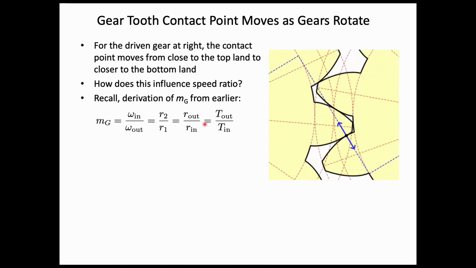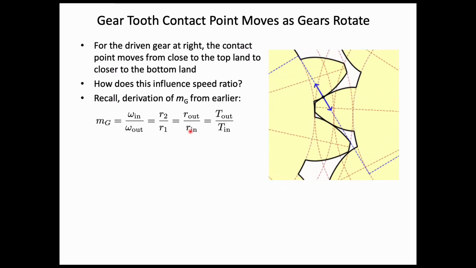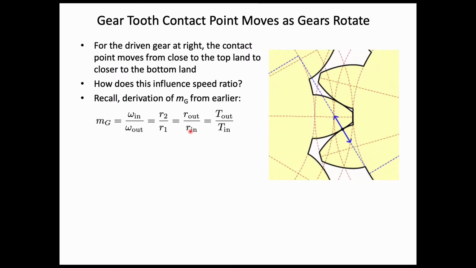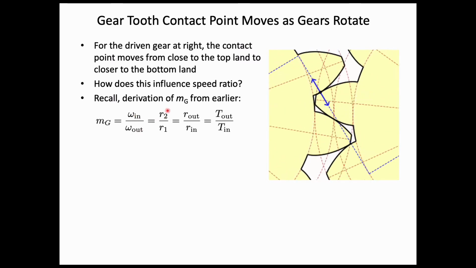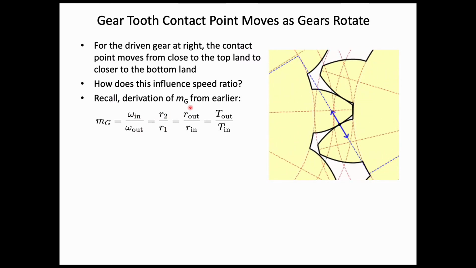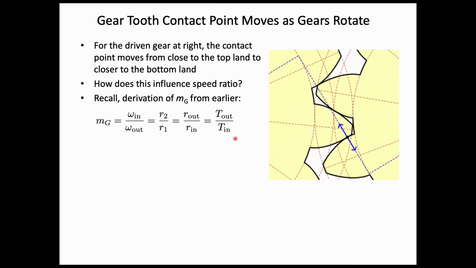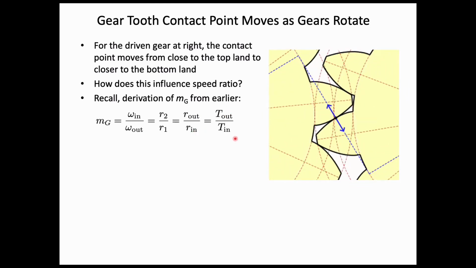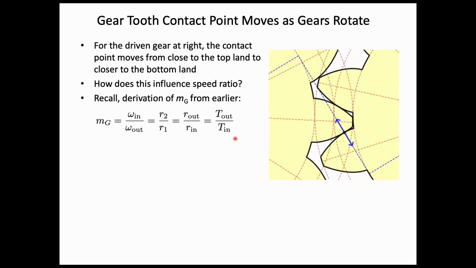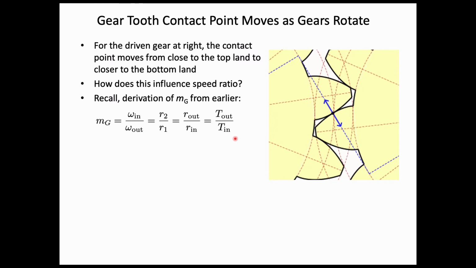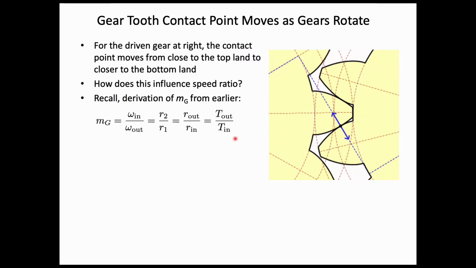Now, remember, this is how we derived the speed ratio earlier using this simplified rolling cylinder model. It's equal to the input speed over the output speed, or R2 over R1, or R out over R in, or torque out over torque in. So we can look at a velocity perspective, or we can look at a torque or force perspective in understanding what the speed ratio is.